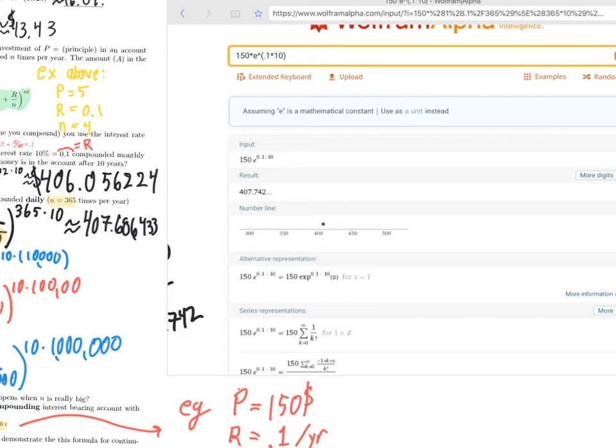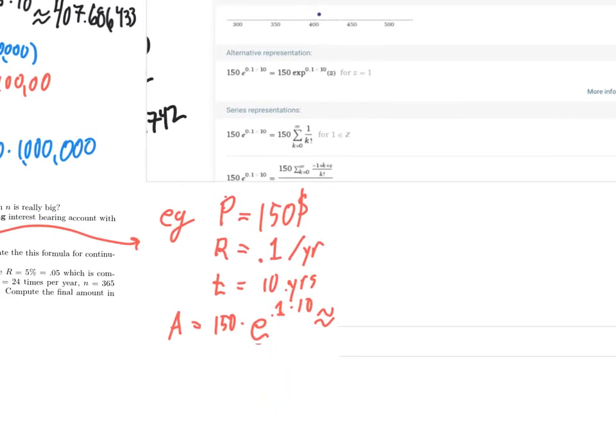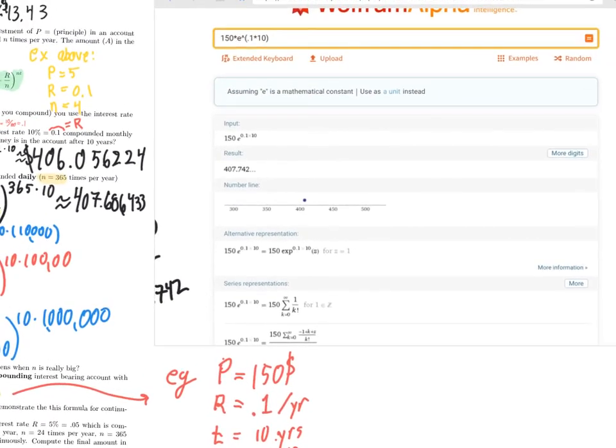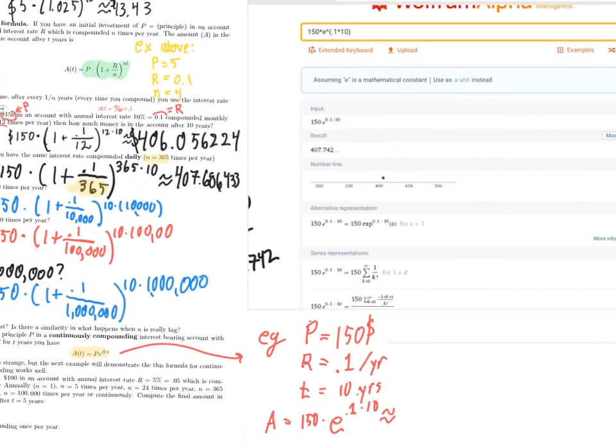Maybe you notice that 0.1 times 10 is 1, but that's not the important thing to notice in this example. What do we get? We get something that is approximately 407.742. Hopefully that number seems familiar. Oh, that's interesting.